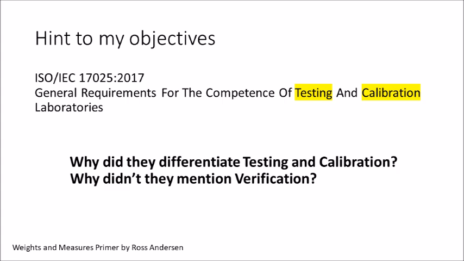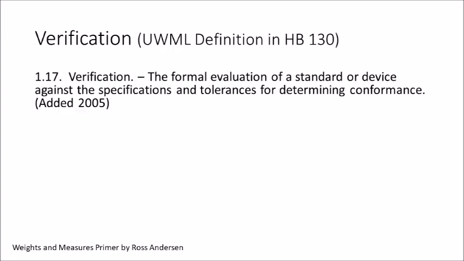A good place to begin, of course, is with a definition. Here we have the definition of verification adopted by the NCWM in 2005. It's a formal evaluation of something against specifications and tolerances for determining conformance. So as we look at this, there are two pieces.